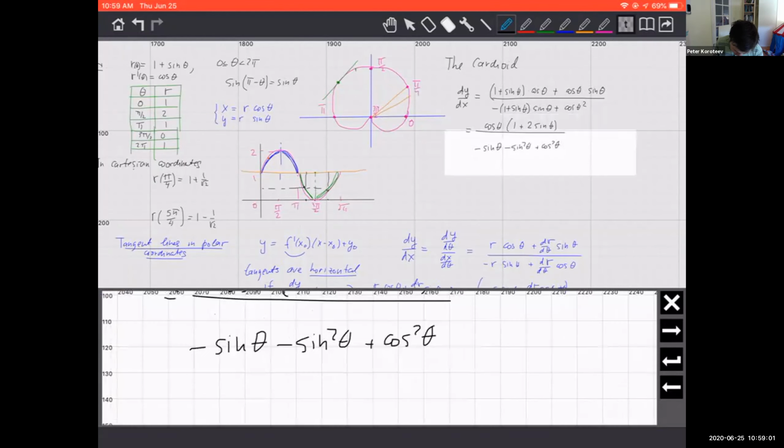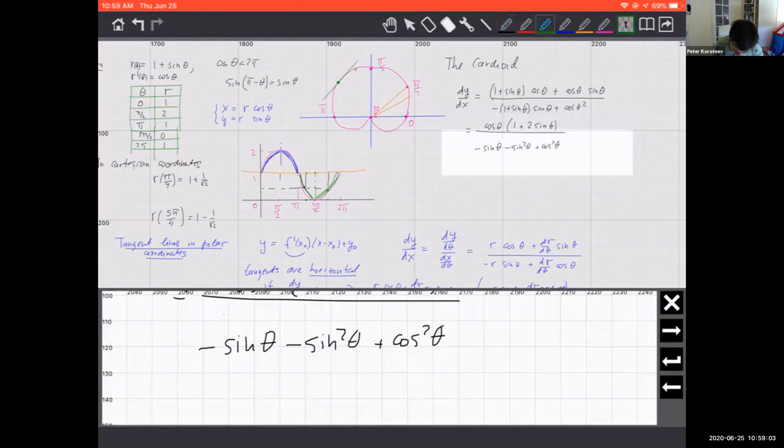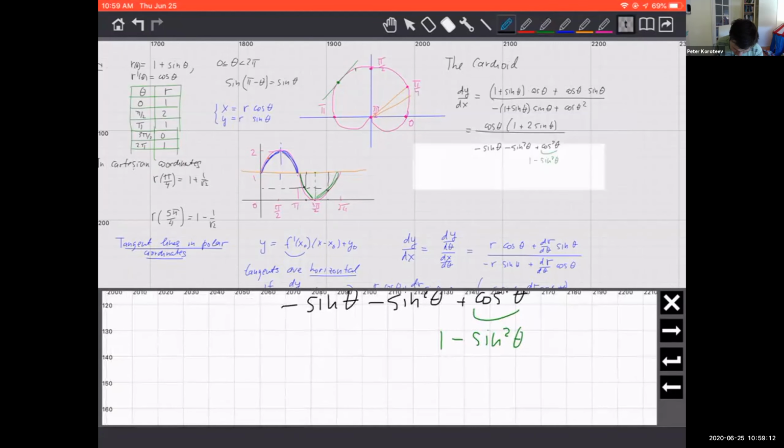Now I want to replace cosine squared with 1 minus sine squared, so I get 1 minus sine theta minus 2 sine squared theta.